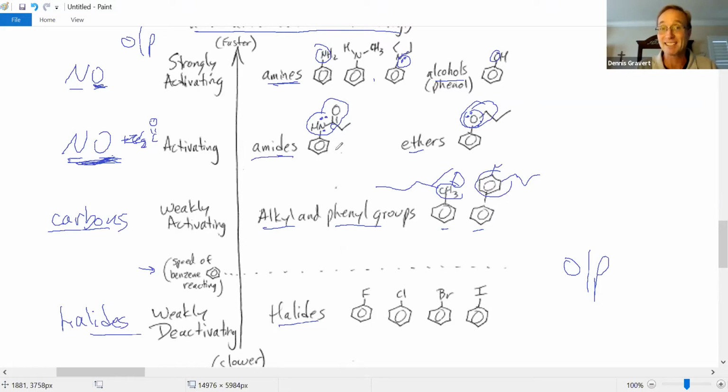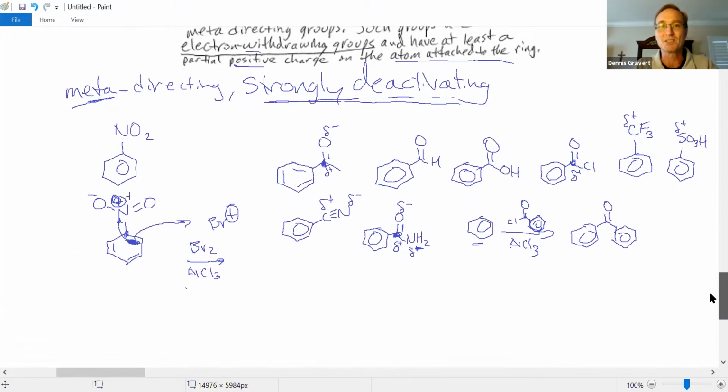This type of amide is activating, ortho-para directing. But the other amide I just drew right here, the double bond O group attached to the ring, that's a meta director. So again, the biggest point to remember is an atom attached to the ring with a lone pair is ortho-para directing, activating. An atom attached to the benzene ring with a slight positive charge is meta directing, deactivating.